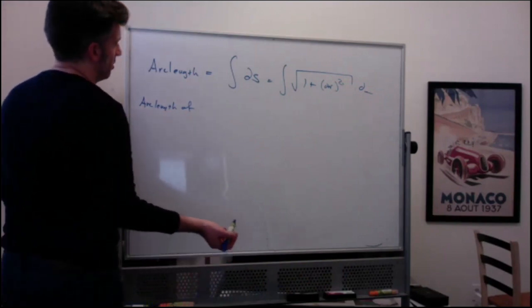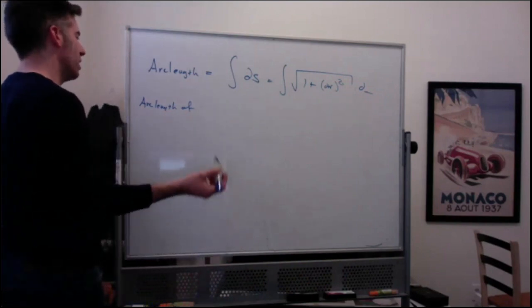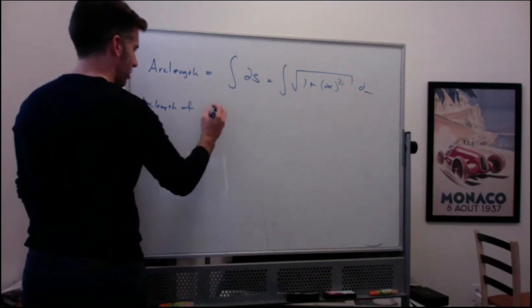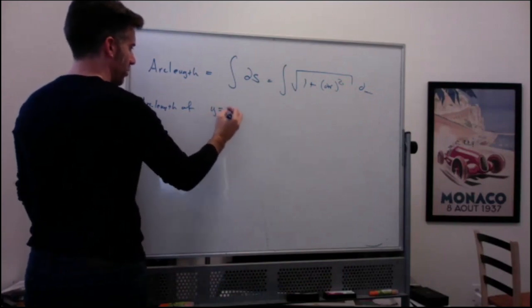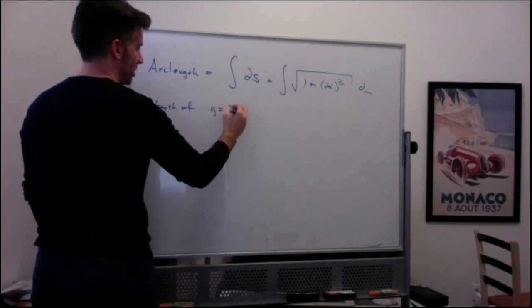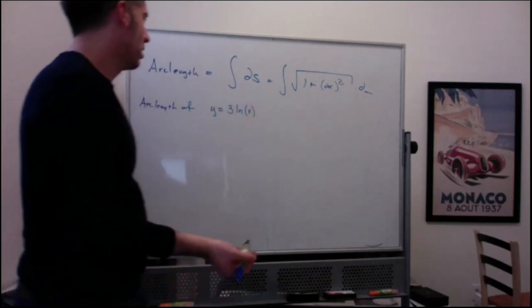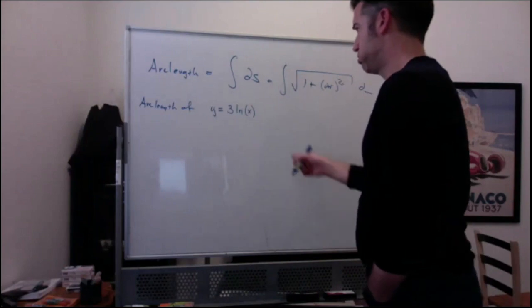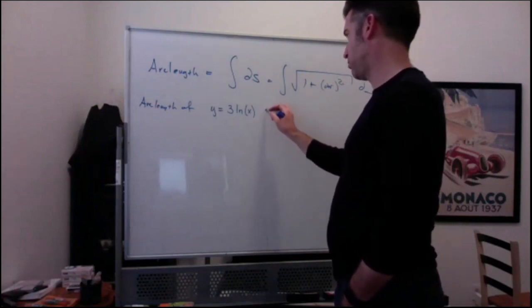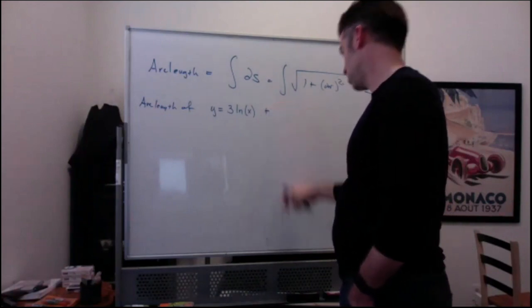sorry, I actually need to think of an example. I'll use the one I did earlier. Y equal to, I'll change that a little bit, 3 natural log of x, sorry, plus, no, minus.